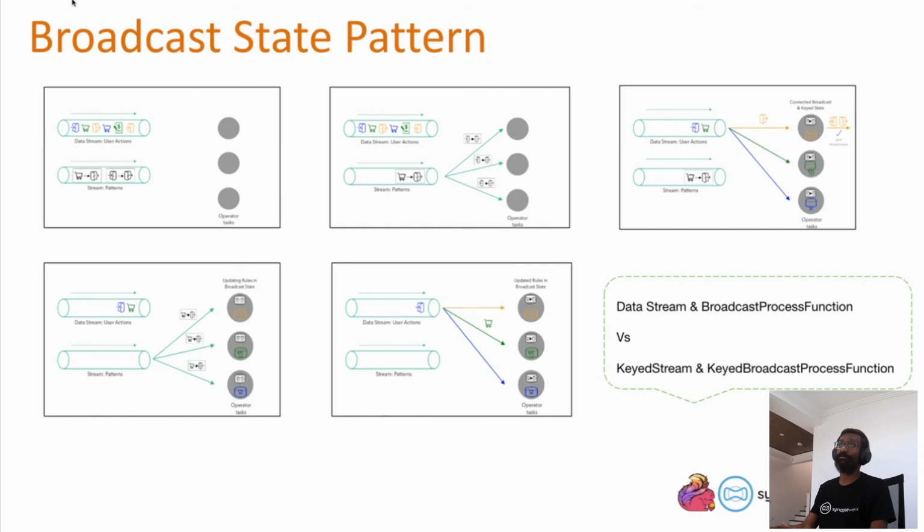Let's assume the first stream is the e-commerce action we discussed, and the second stream is the rules we are getting in. Every time a new rule comes in, it gets copied across all the tasks, across all the task managers.